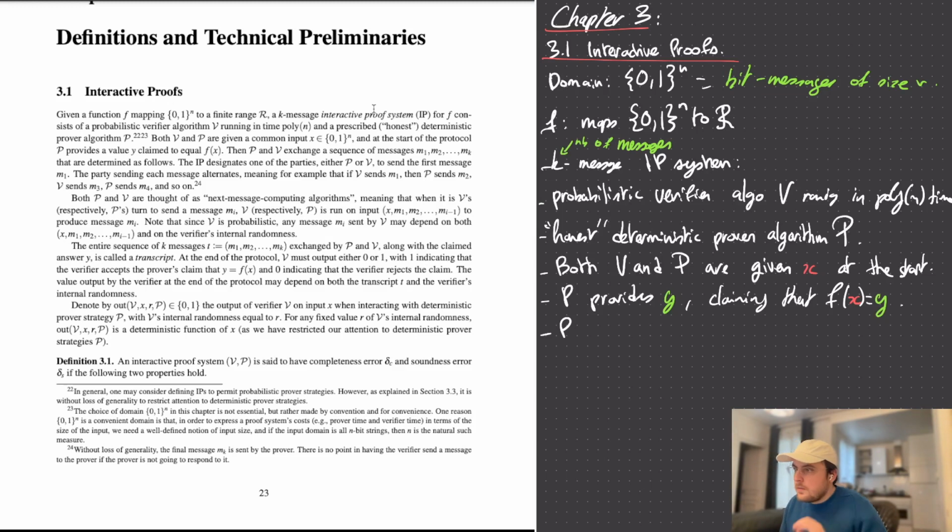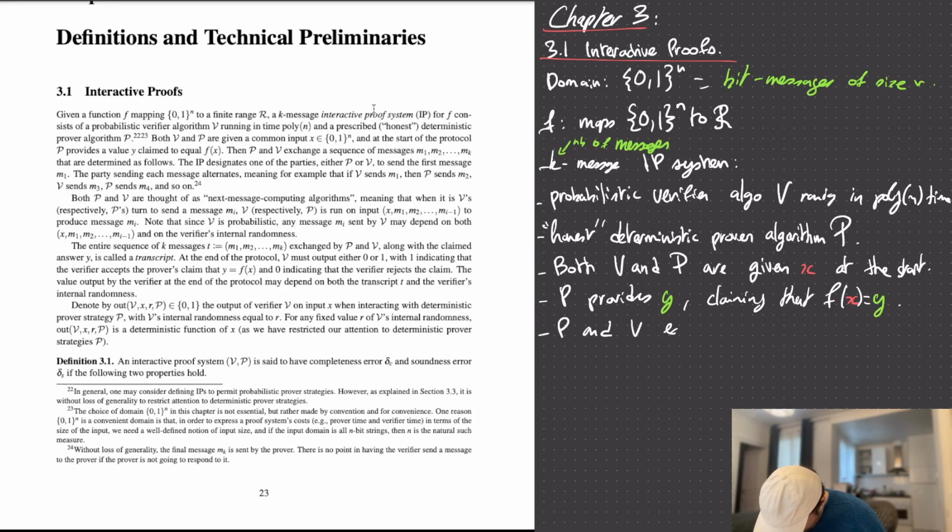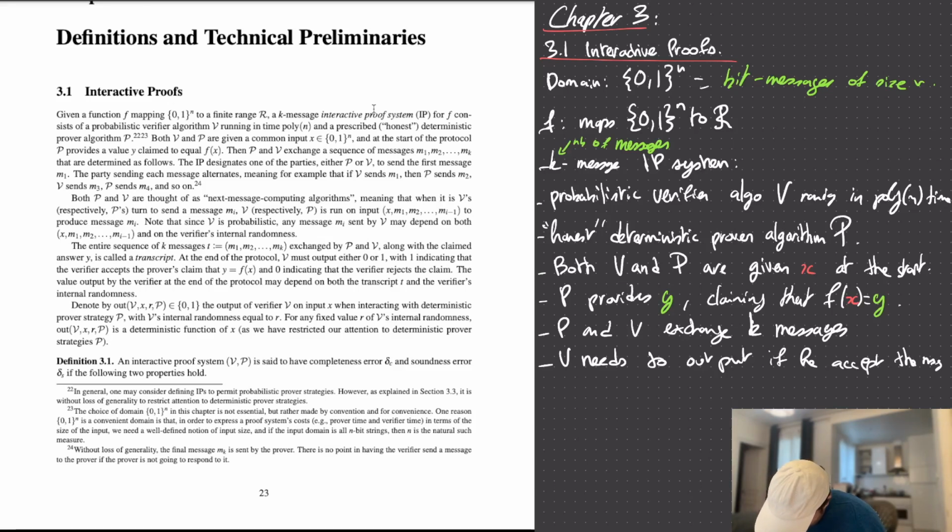P and V exchange K messages, V needs to output if he accepts the claim or not. That's the idea, right?